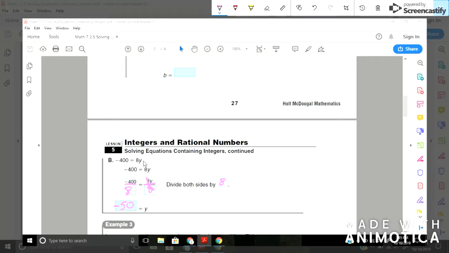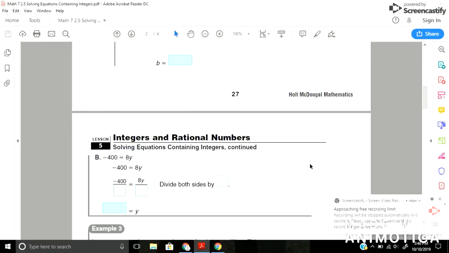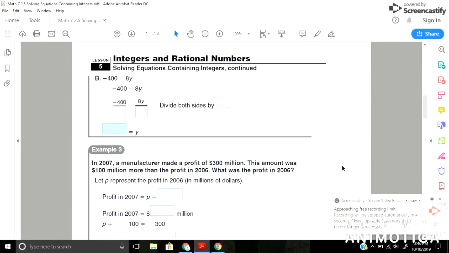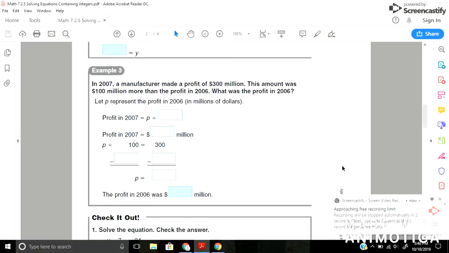And does that make sense? If I were to take this value and substitute it back into my original equation, does 8 times negative 50 give me negative 400? Definitely. Okay, so I know I solved that one right. Let's go on to the last example.